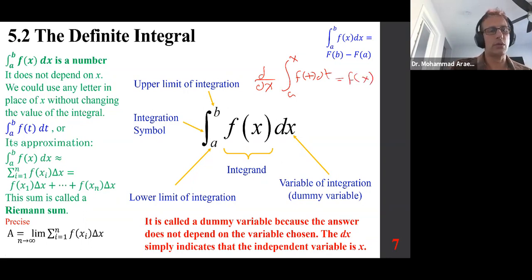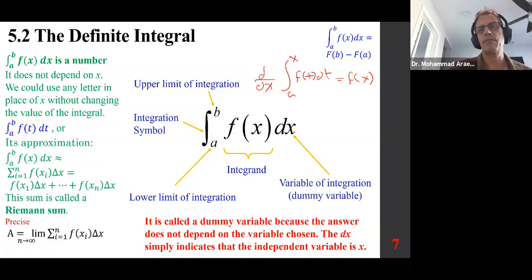I want to discuss this one also. This simply put means integrate this function from a to x. Remember, a is a number, x is a variable. So it ultimately becomes capital F of x minus capital F of a. When you differentiate that, it gives you lowercase f of x.